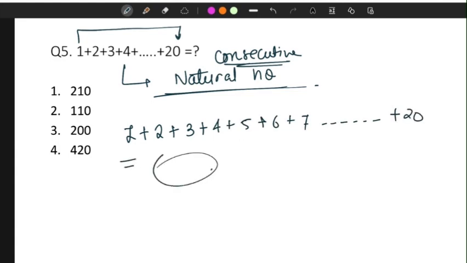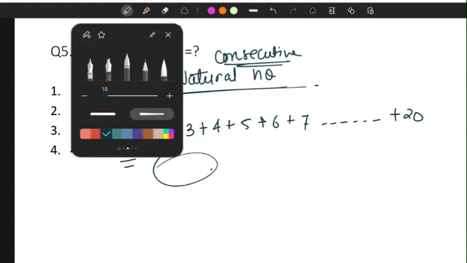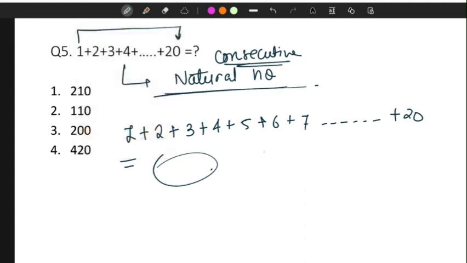For this we have one formula. Whenever they ask us to find the summation of consecutive natural numbers, note down the formula: n into n plus 1 divided by 2. Already taken in our foundation batch, but still I am repeating this.